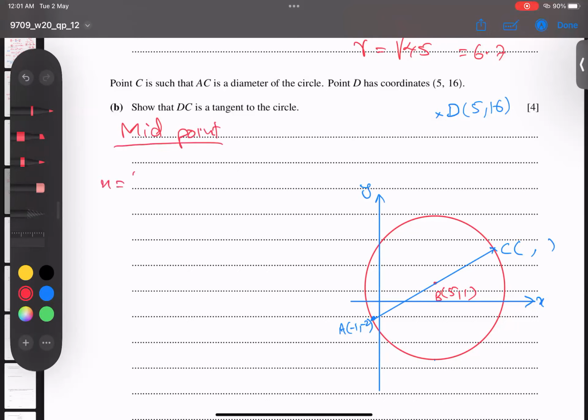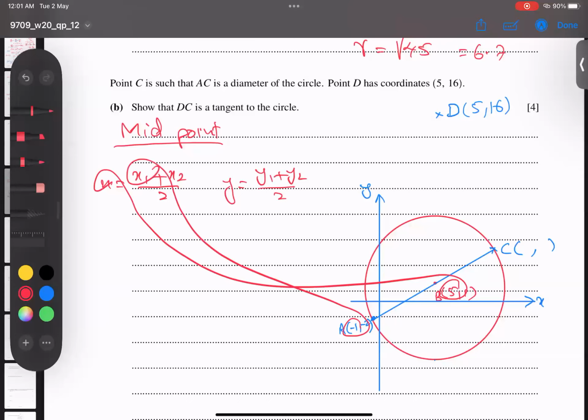So the formula is (x1 plus x2) divided by 2 and (y1 plus y2) divided by 2. And normally we have the corner points given, but this time the center point is given. So this 5 will go here, and this corner point here, and this corner point the other one.